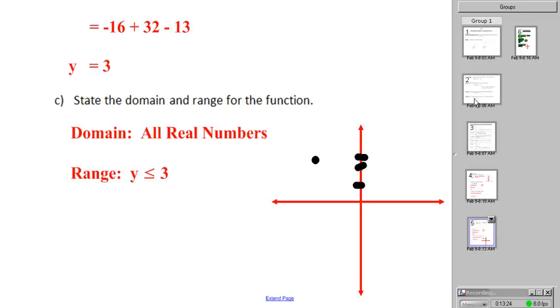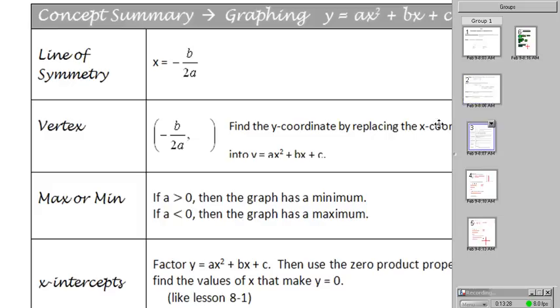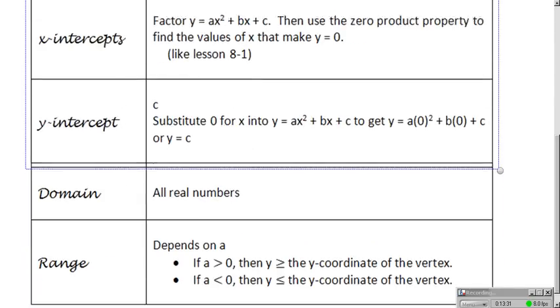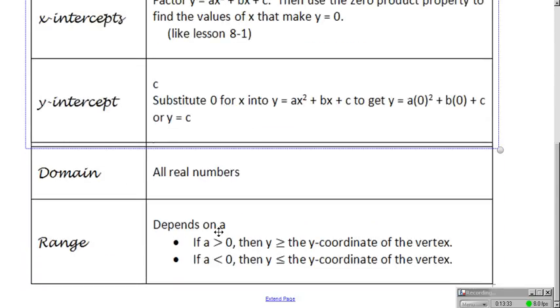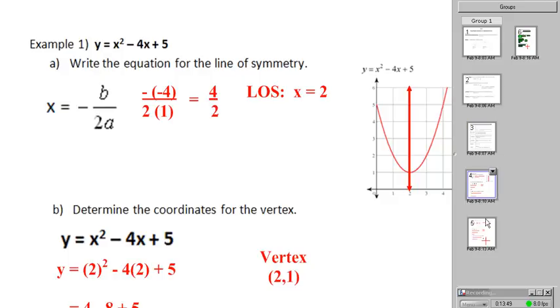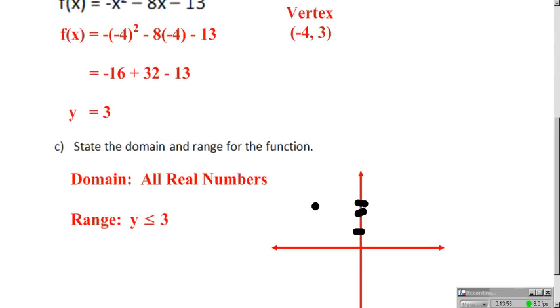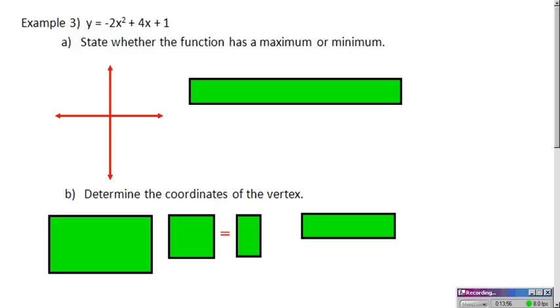And if you flip back to your concept summary page, you would find out that your range depends on a. And remember, in this case, a is less than 0. So your y is less than or equal to your y coordinate of the vertex. In this case, that would be 3. So y is less than or equal to 3.